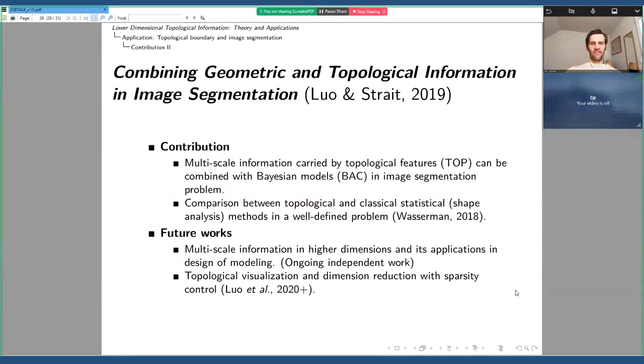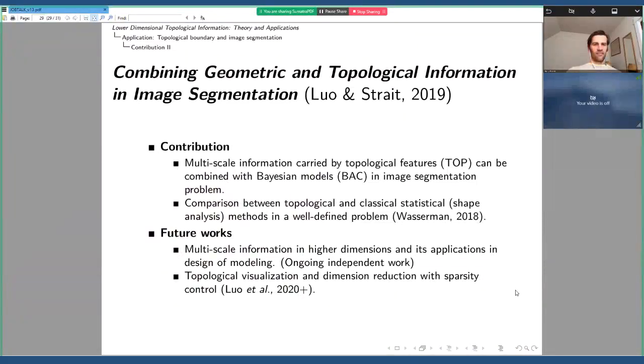However, another important motivation of this paper is to compare the topological-based methods and a classical statistical shape analysis method, providing both qualitative and quantitative performance comparison in a very well-defined problem. Such a comparison allows us to see how these two different categories of methods perform, and under what circumstances one performs better than the other.